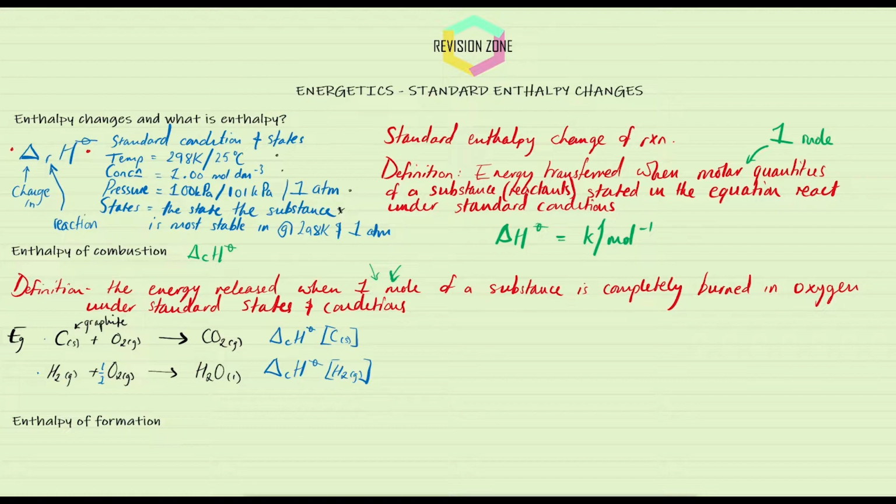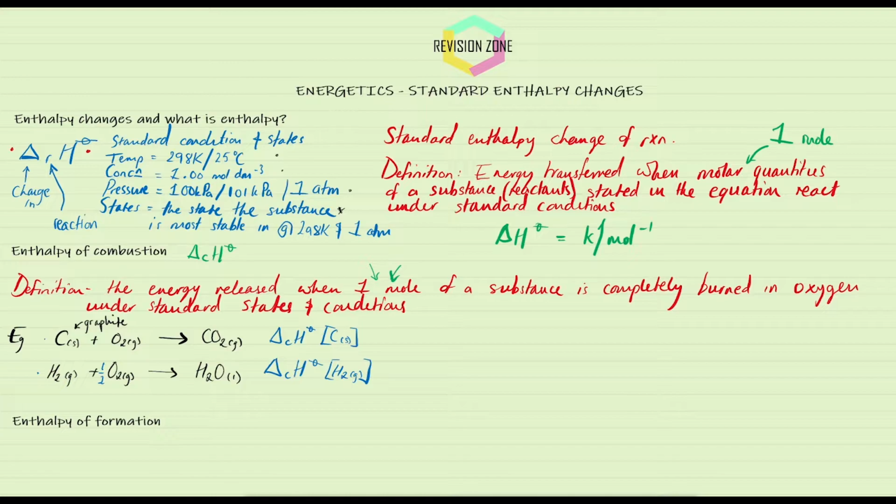The other thing is, just be mindful of this here. If in an exam they give you an equation and say describe why the enthalpy of this reaction is lower than expected, when they say lower, it tends to mean more endothermic or less exothermic. So it's a small value.